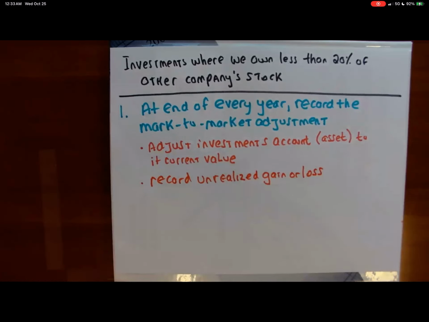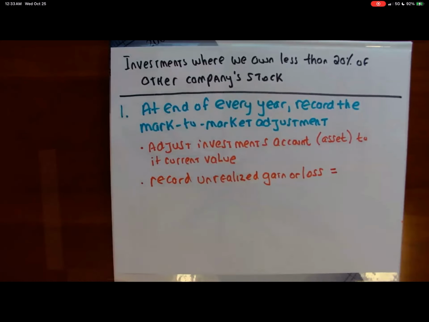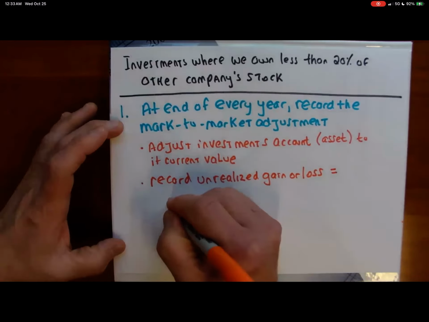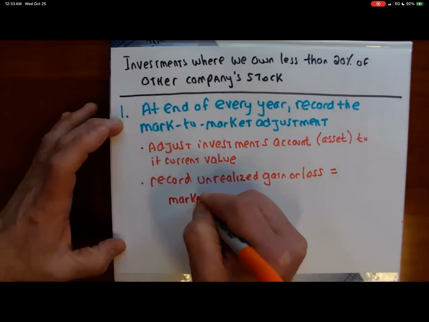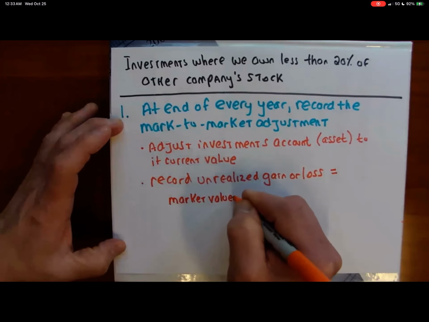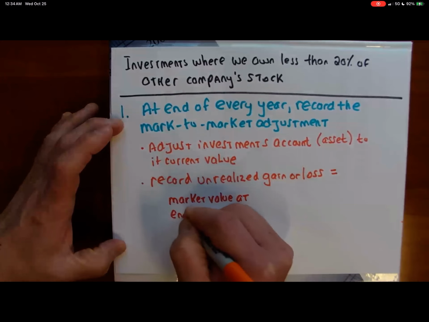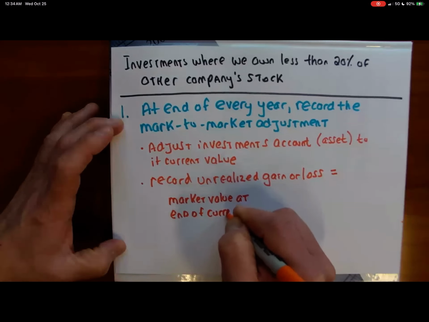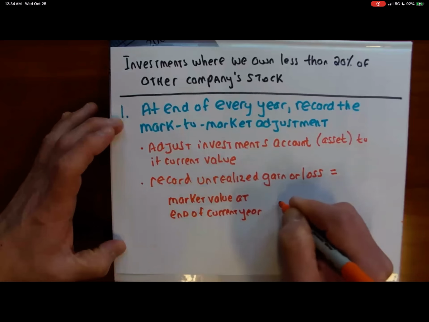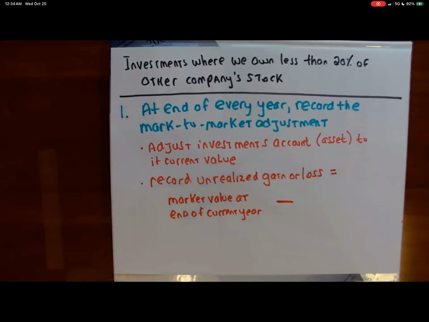And the way that you will do this calculation, come up with your unrealized gain or loss: take the market value of the investment at the end of the current year, and subtract from that the market value at the end of the previous year.